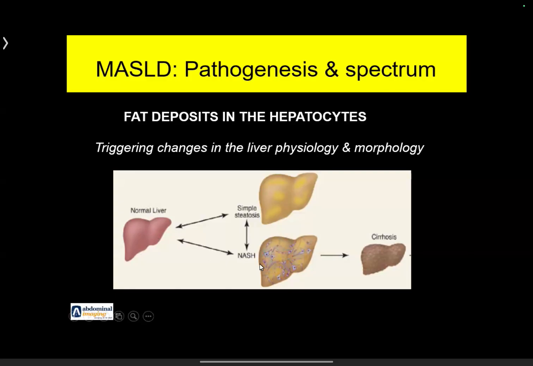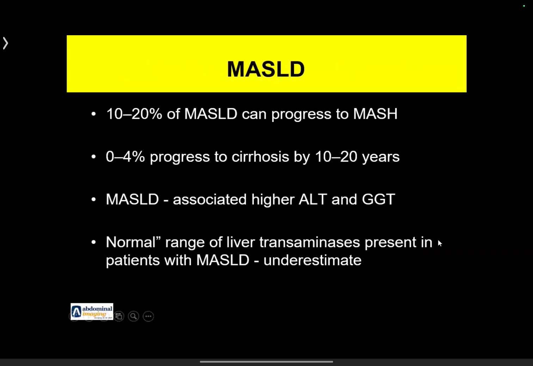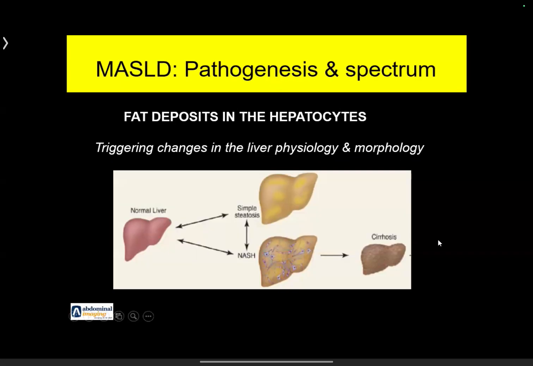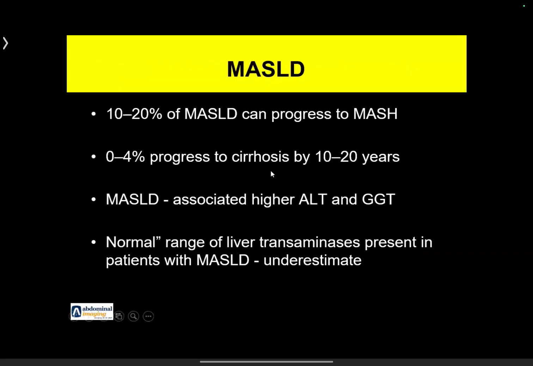Or sometimes the patient can directly present as steatohepatitis, and eventually that leads to cirrhosis. Now, around 20% of fatty liver disease can progress to steatohepatitis, and around 0 to 4% progress to cirrhosis, and it takes around 10 to 20 years.